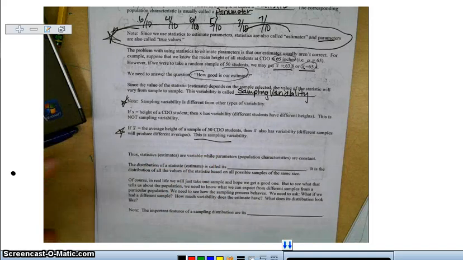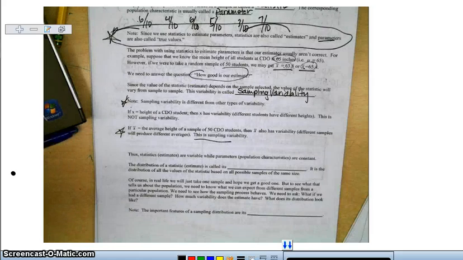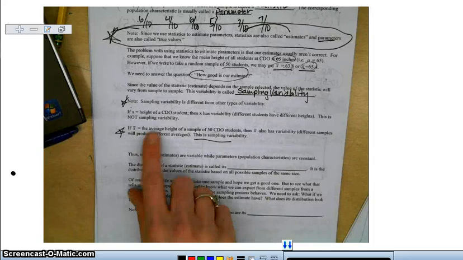Sampling variability: if I pulled 3 of you up here at a time, got all your heights and averaged them, then got 3 more of you up here, found your heights and averaged them, do you suppose they would all be the same average?